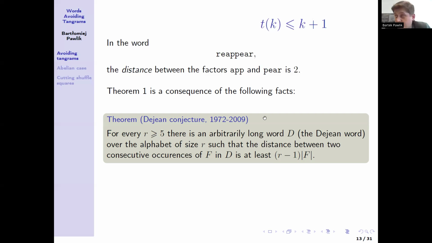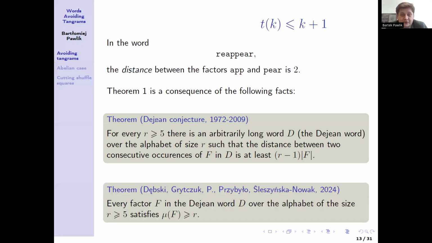So what was important for us is the de Jonge conjecture. Of course, this conjecture is bigger, but this is the part that is important for us now. And we were able to prove that every factor in the de Jonge word d over the alphabet of size at least 5 satisfies that the cutting number of s is at least r.